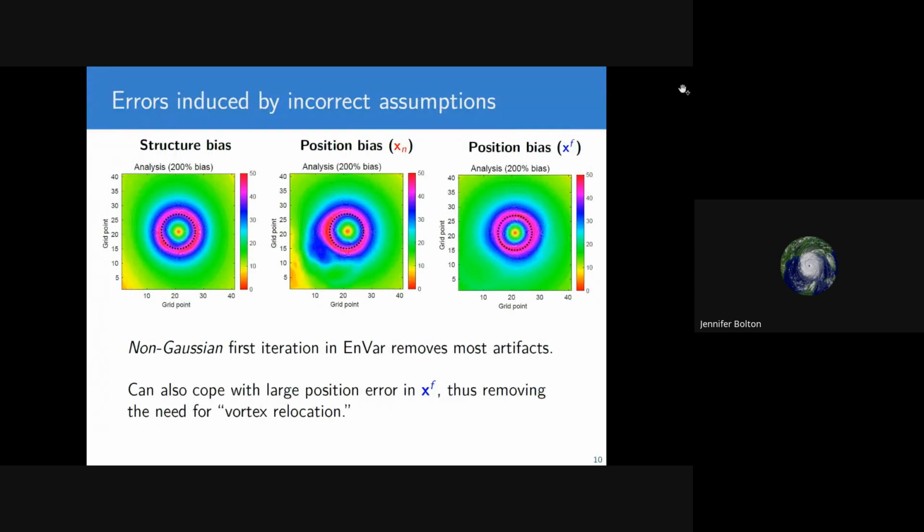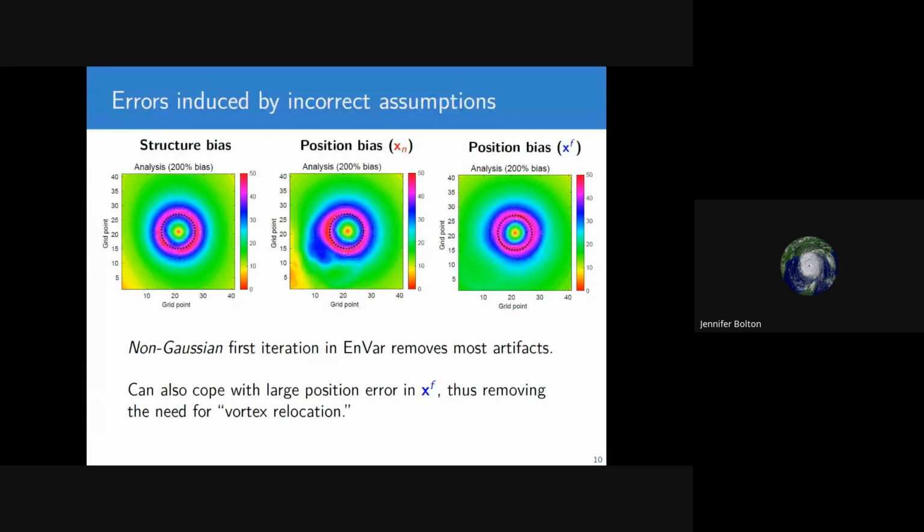In this case, what I did was I reformulated EnVar to actually remap those ensemble perturbations that we read in based on a preliminary DA step to remove some of the non-Gaussian behavior. And you can actually, if you can't afford to run a fully cycled ensemble DA system, you can still make some of these artifacts go away if you were to just do a clever use of assumptions for the background errors in the variational cost function as well.